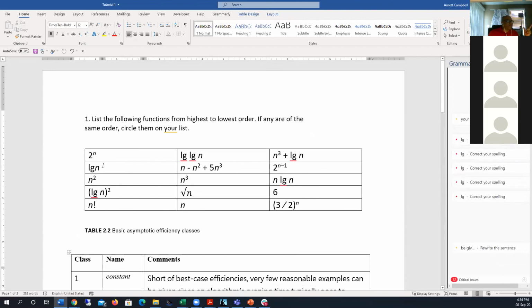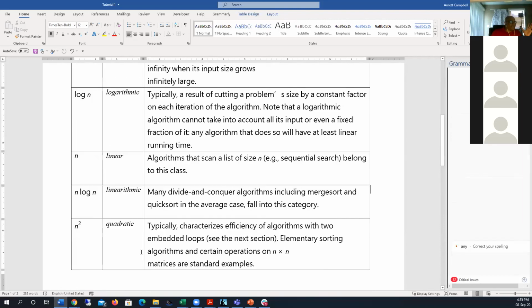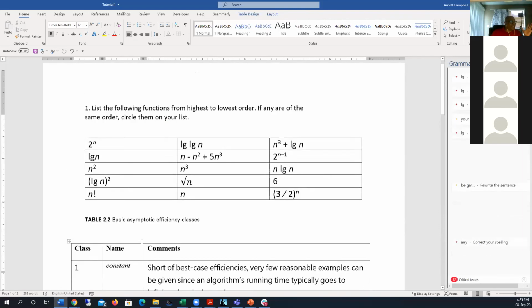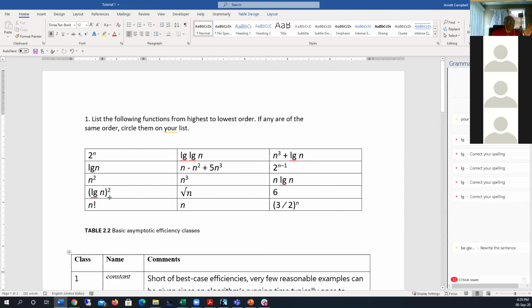We have 15 of them, and we are asked to list them from the worst behavior to the best behavior. Based on what we are seeing, I wanted to use the table that we have here and use that to give me your answer.